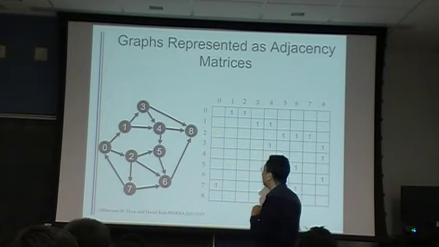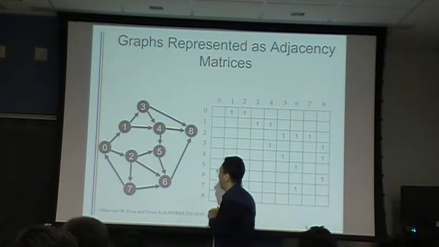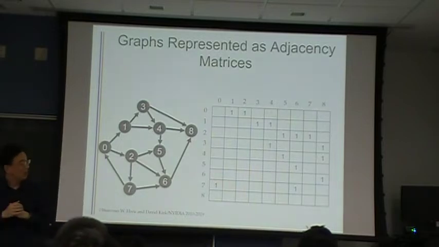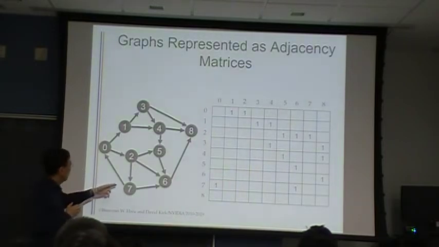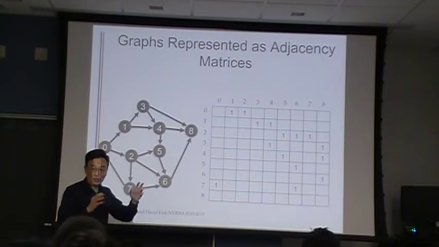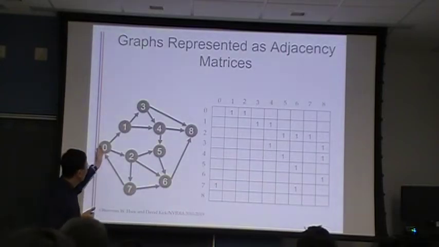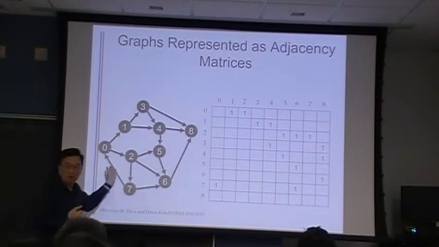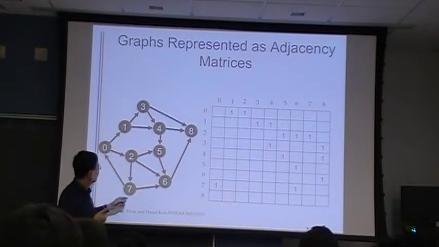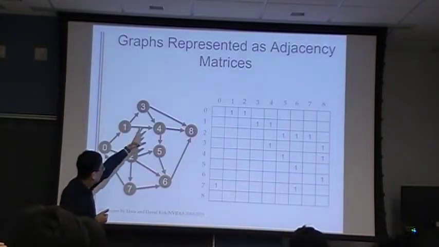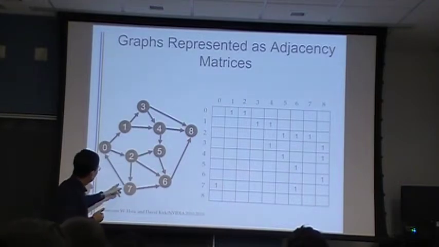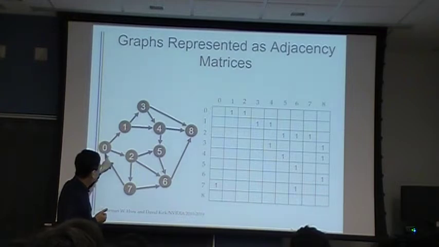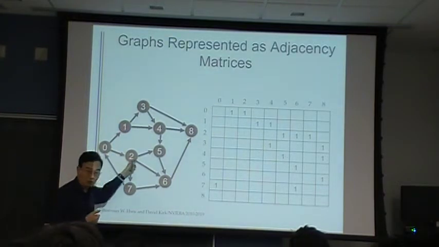Okay, so let's first talk about graphs. This is a very simple graph, and this is a directed graph. All the edges have directions, so we can have a pointer form of the graph representation. We can say, okay, here are the nodes, and then we can have a pointer from, let's say, node 7 to node 0, node 0 to node 2.